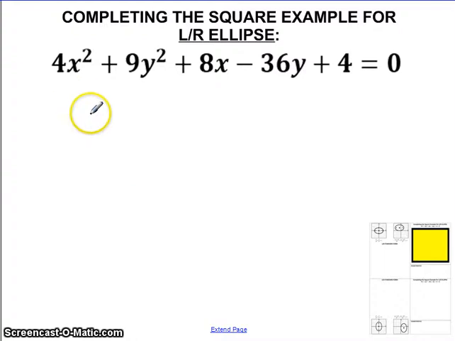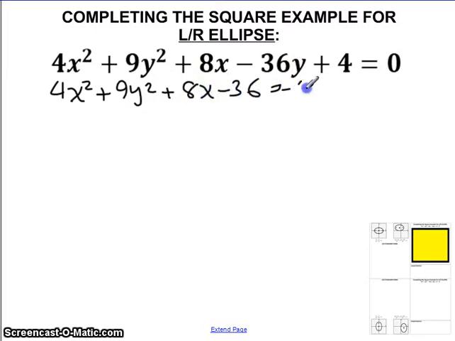Alright, so let's go ahead and do a completing the square example and see how we end up getting the standard form for the ellipse from this. So I'm going to go ahead and move the 4 over to this side. Okay, so we've got -4 on this side. And then I'm going to do the same thing as I did before.